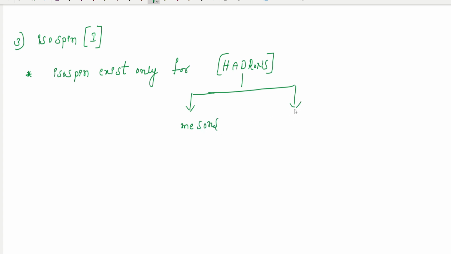Mesons, variance, right? Isospin. What is isospin? In textbooks there is this word isospin.